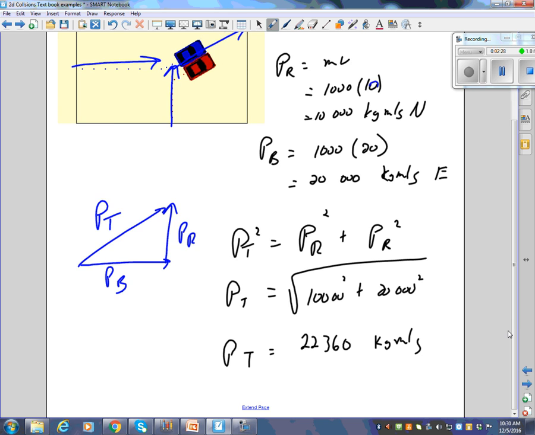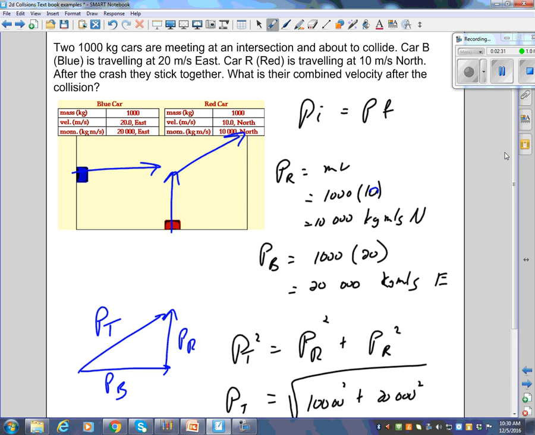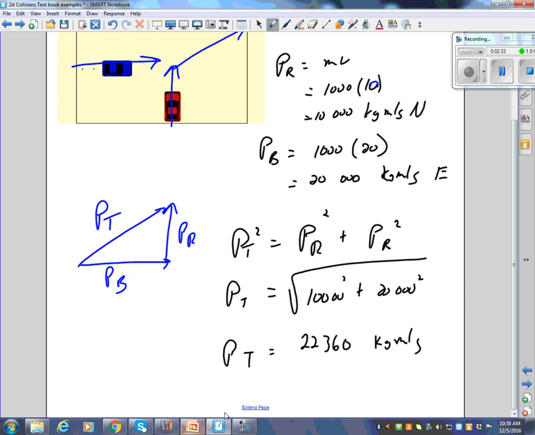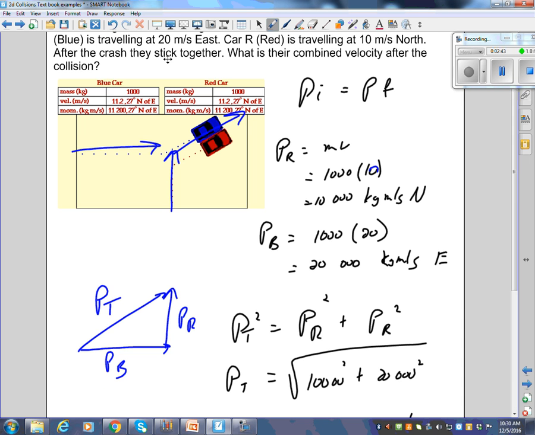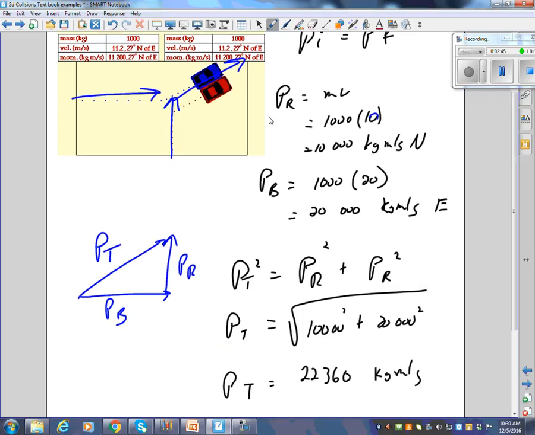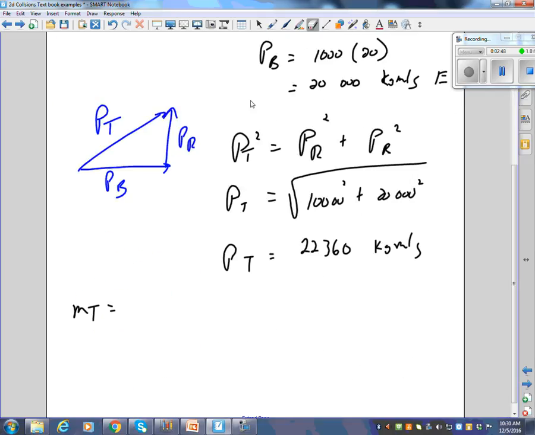We need to find the combined velocity after the collision. So the first thing you need to find is the total mass after. They're each 1,000, aren't they? We're adding the masses together, so that's 1,000 plus 1,000, 2,000 kilograms.